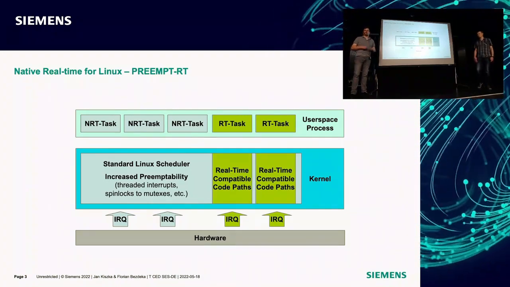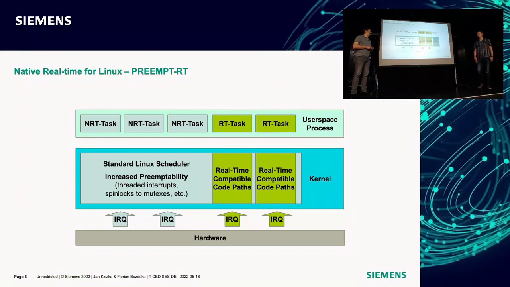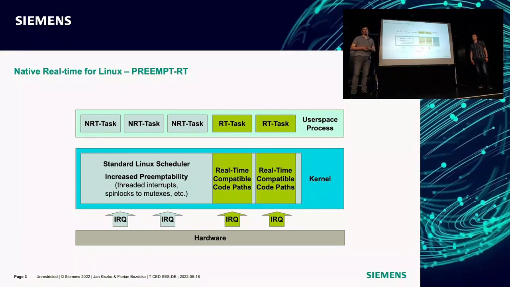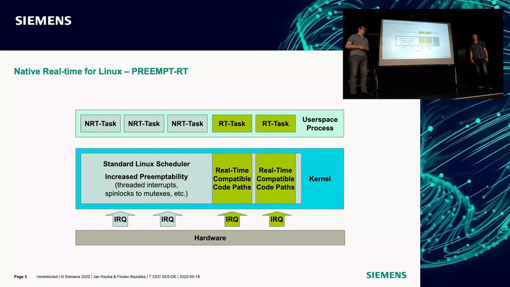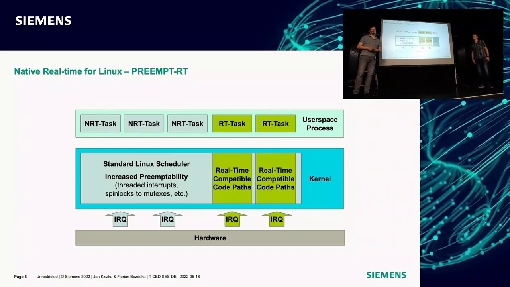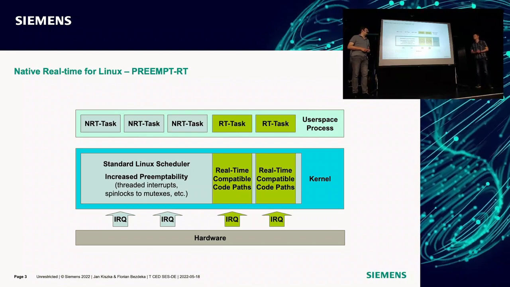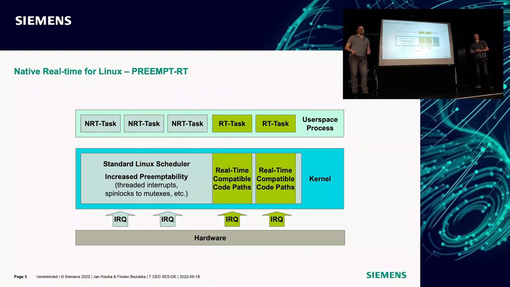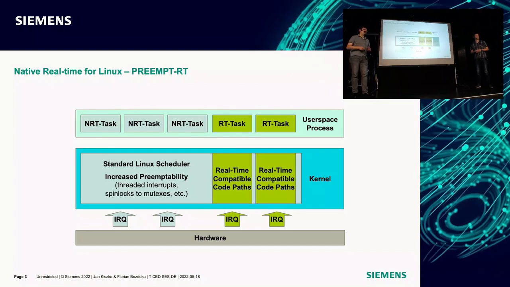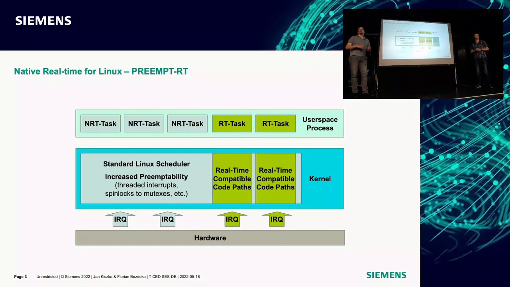Don't expect the whole kernel to be deterministic. But the idea is you are writing your application, and parts of the threads in your application are now able to use the Linux APIs as they are with deterministic results. So with predictable timing, with predictable behavior, but not the whole kernel.